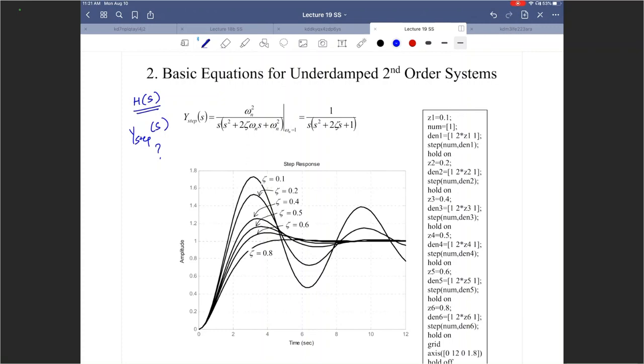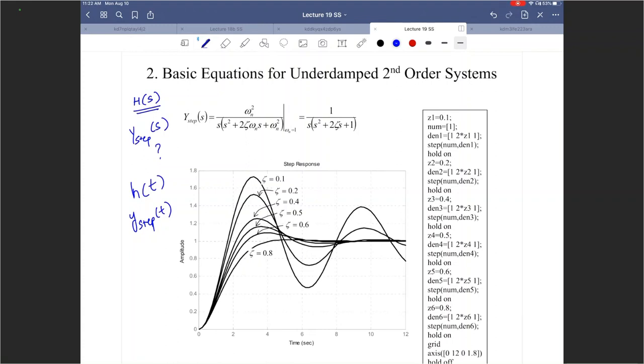This goes back to the relationship between impulse response and step response. What is the relationship between impulse response and step response? Differentiate, yes. When you differentiate the step response, you get the impulse response.